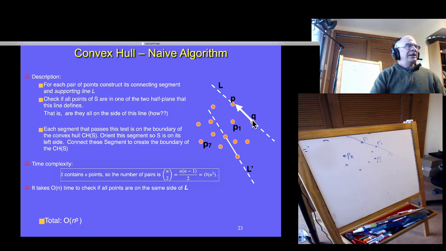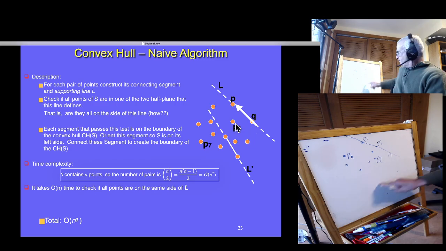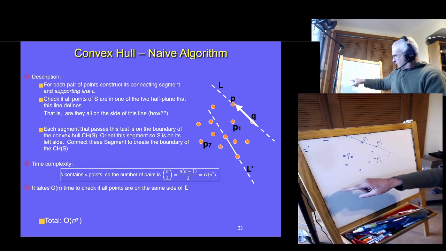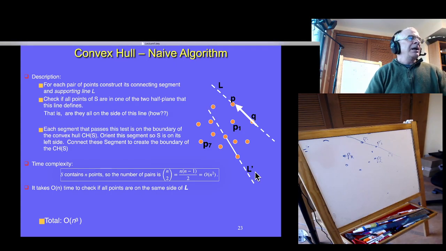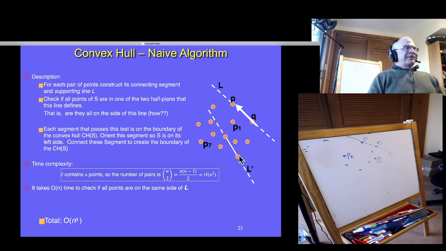So I'll pick a pair of points, pi, pj, or pl, pk. I'll generate the line for this pair of points, and now I'll check every other point, whether they are all on L or on the same side of L. How?